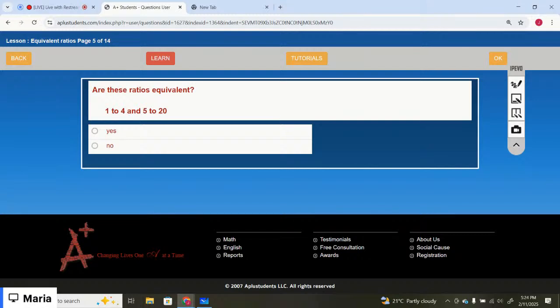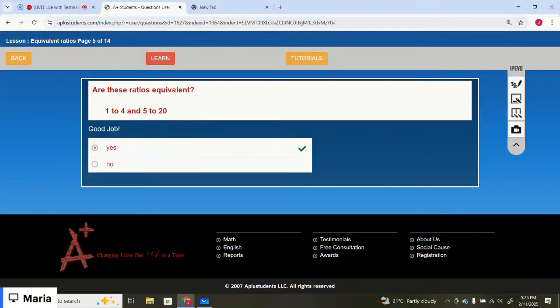Are these ratios equivalent? 1 by 4 and 5 by 20. The correct option is yes, they are equivalent. Option number 1 is the correct option.